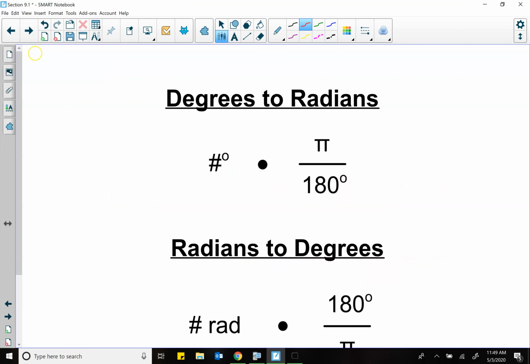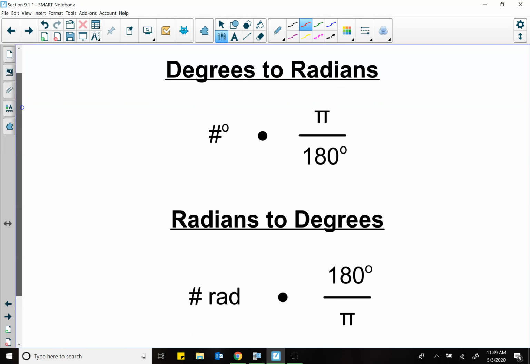And just like before, we're going to talk about converting between degrees and radians. So right here, this is how this works. When you convert degrees to radians, you take your degrees and multiply it by pi over 180 degrees. So we use the relationship between supplementary and the radian angle of pi to help us convert.